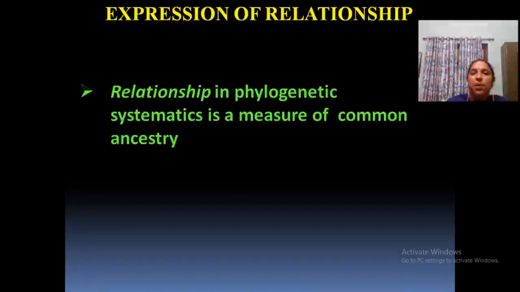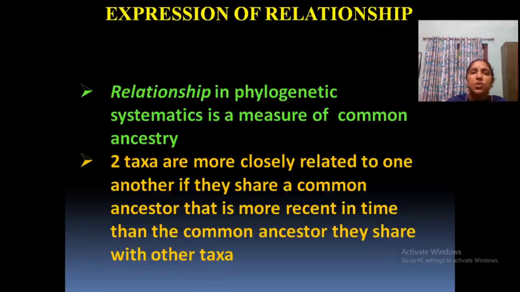Relationship in phylogenetic systematics is a measure of common ancestry. You all studied it in your evolution classes. It is very important to find out the relationship between taxa, and that helps us find out the evolutionary history of a species.